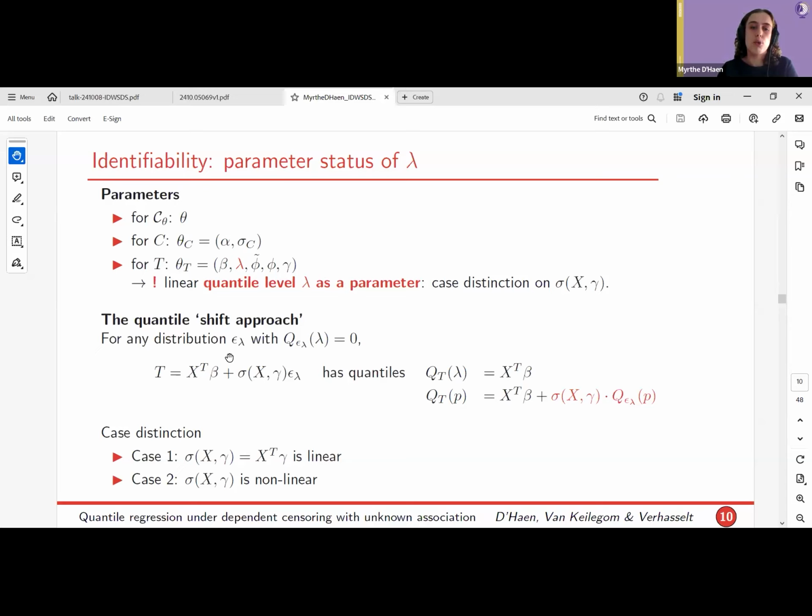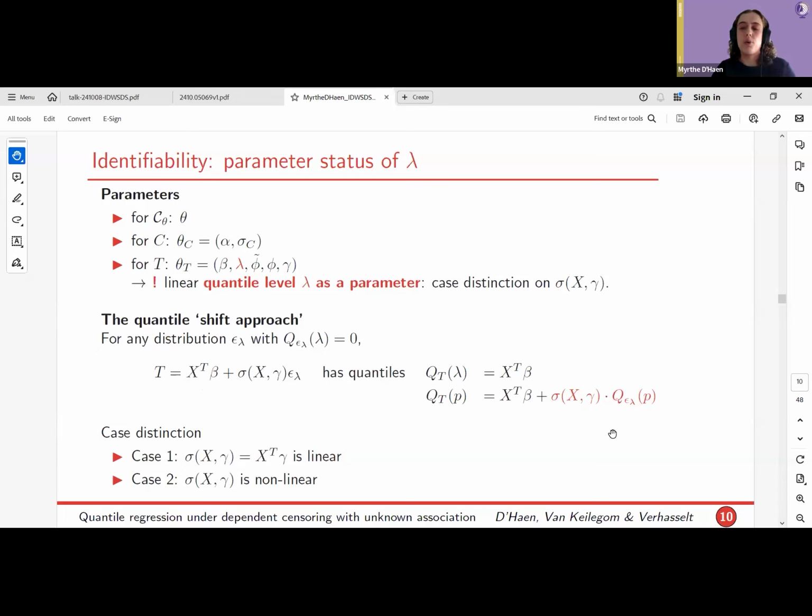So if you have any distribution, for instance the enriched asymmetric Laplace, but also any other distribution for which the lambda quantile equals 0, then you can show that if your survival is specified in this location shift way, any p quantile will be given by the linear lambda quantile plus some shift.